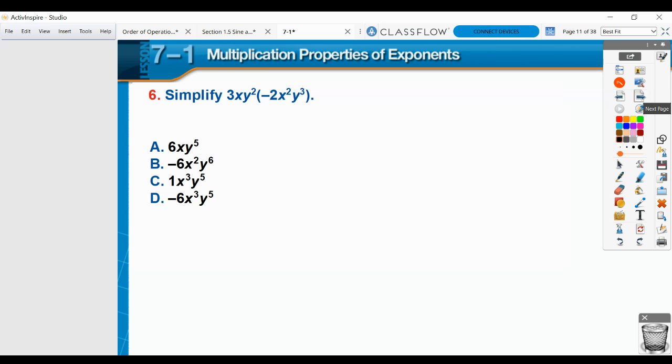Okay, and then the last one. 3 times negative 2 is negative 6. This x has an exponent of 1. So 1 plus 2 is 3. And then if you look at the y's, 2 plus 3 is 5. So that would be D.